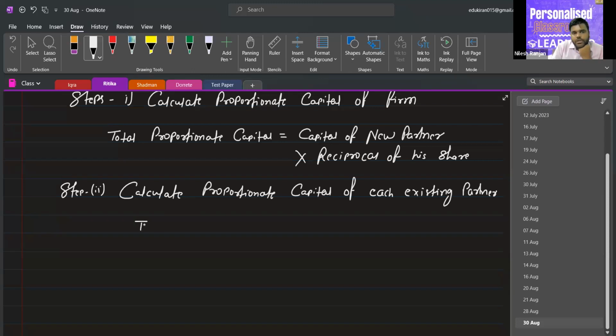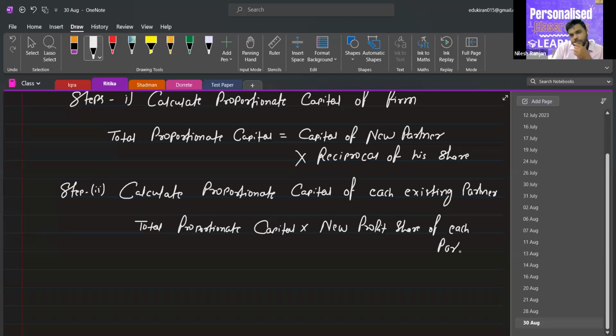For this, we will multiply the total capital of the firm, actually, sorry, total proportionate capital, multiplied by the new profit share of each partner. So this is our proportionate capital.